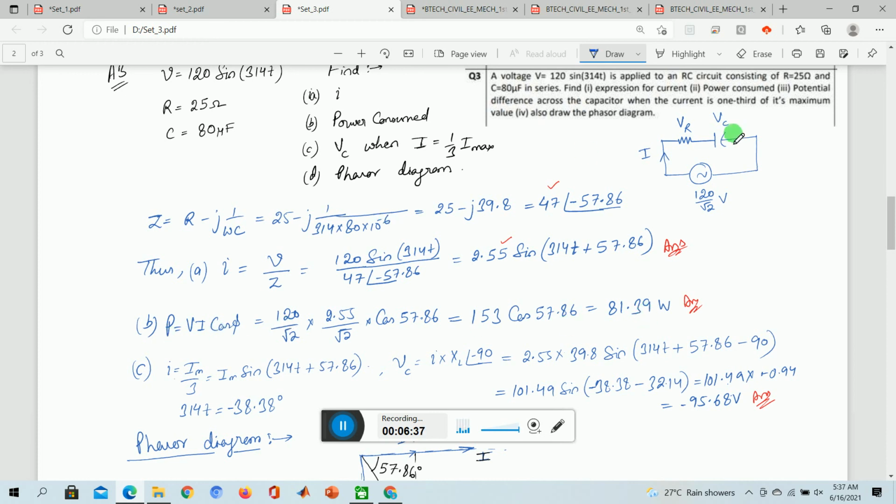Next is potential difference across the capacitor when the current is 1/3 of its maximum value. What is the expression of the current? This current is equal to 2.55 sine of, this is the expression of the current. So I can just write, with minus of 57 degree, it's somewhere the current is like this.